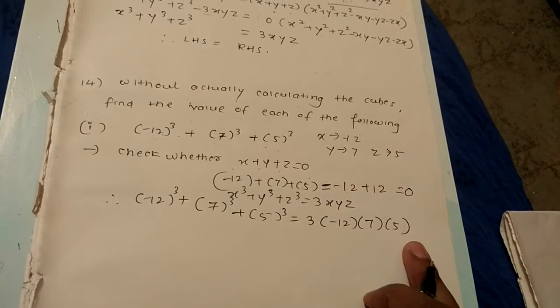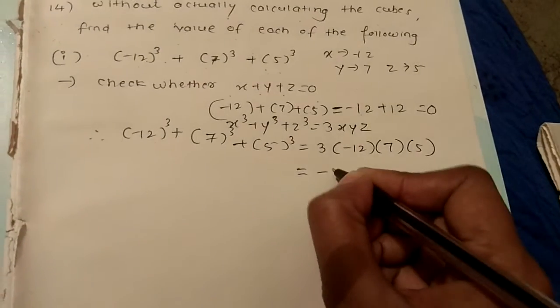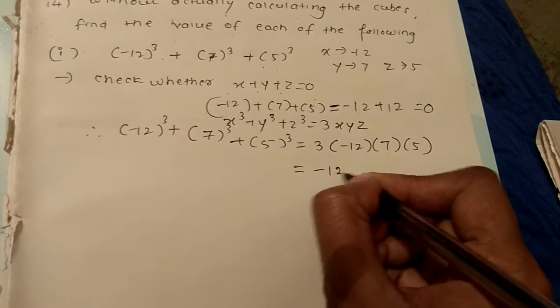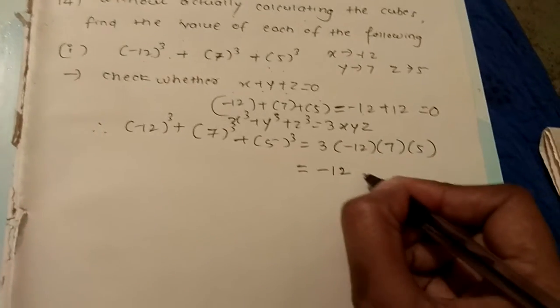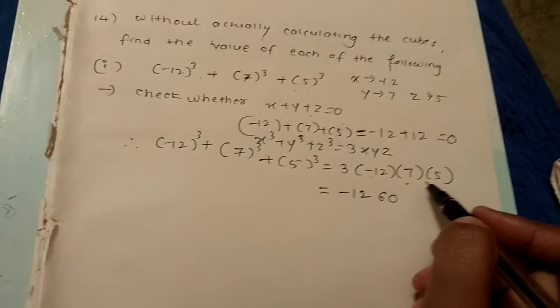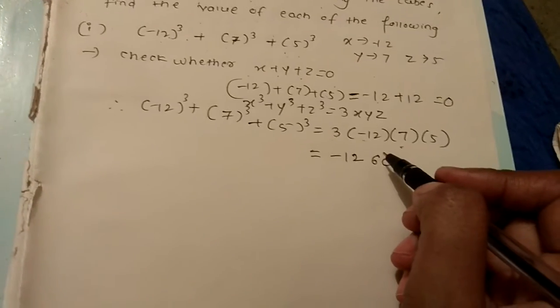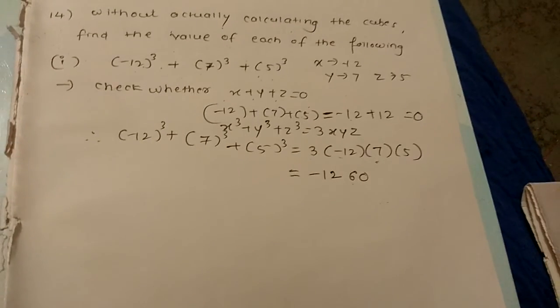So multiply these numbers. Calculate 12 threes, then 7 fives, and finally you will get minus 1260.